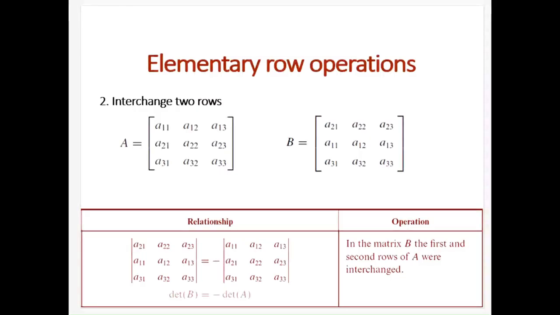So now you have A21, A22, and A23 at the top, whereas before, in A, they were here. I'll go ahead and draw those arrows in there. The relationship that you should get from this is that now the determinant of B equals the negative determinant of A. That is a new relationship that they are giving us.